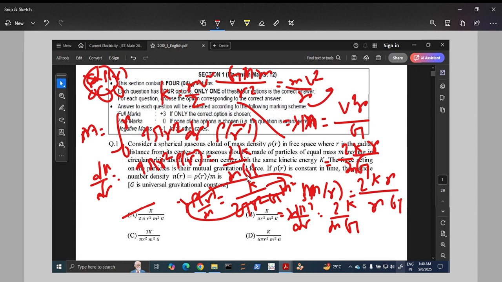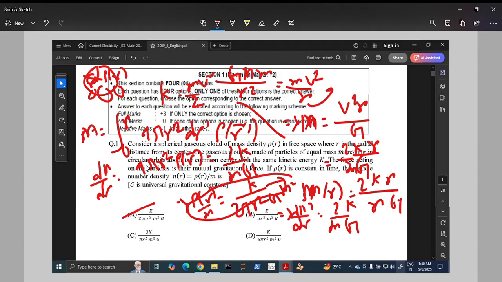So what is the main thing here? The main thing is to balance the gravitational attraction force with the centrifugal force of the particle of mass m, replace v squared in terms of kinetic energy, and the definition of M is given. As my target is to find rho(r), I just have to differentiate this.